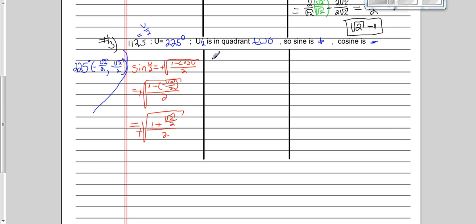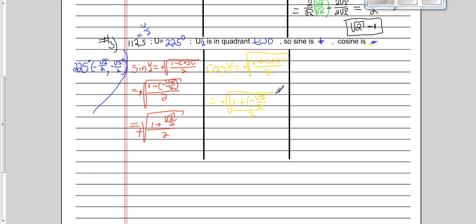Alright, the cosine. So cosine u over 2 is equal to a negative, because the cosine values are negative, 1 plus cosine u all over 2 and square rooted. So for this one, I get negative square root of 1 plus negative square root of 2 over 2 all over 2.